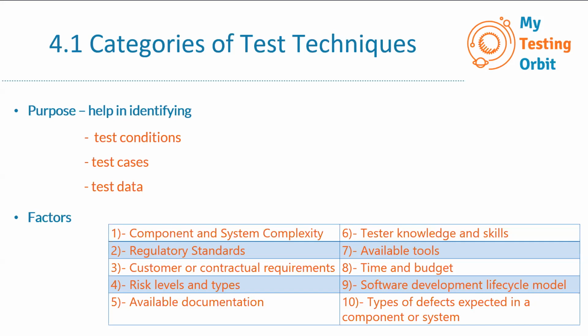What are the time constraints, how much budget we have, and based on that, which test technique will give us the maximum coverage, maybe in less time. Number 9, SDLC model. Which SDLC model we are using, and based on that, which test technique would work better.